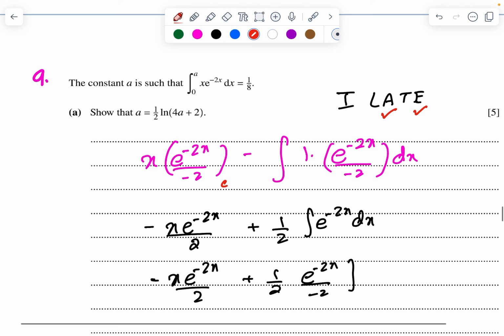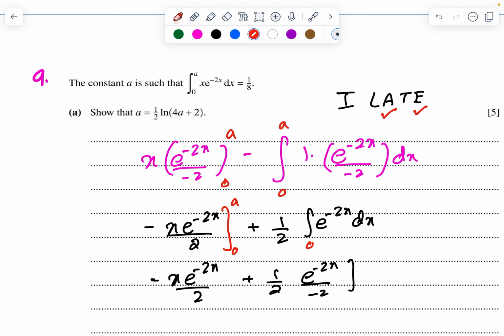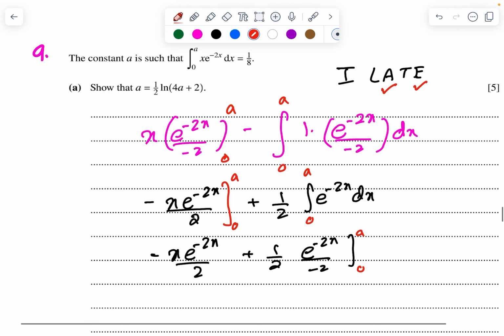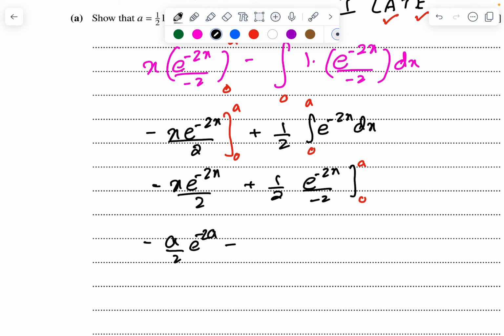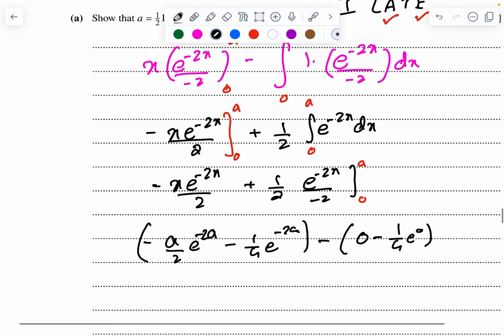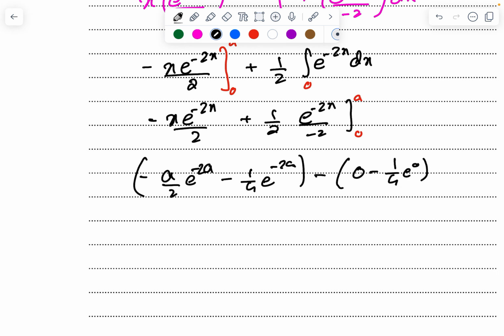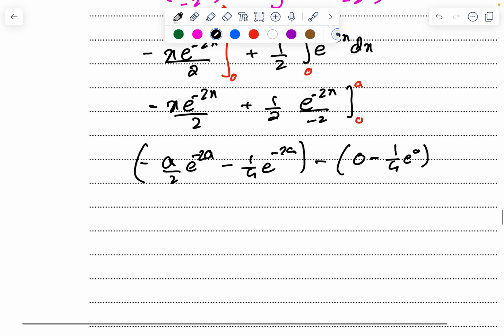Then the limits. What are the limits? 0 to a. Plug in a. So minus a upon 2 e power minus 2a minus 1 upon 4 e power minus 2a, minus 0 minus 1 upon 4 e power 0. So what do I get?